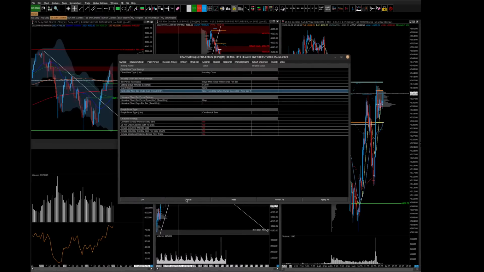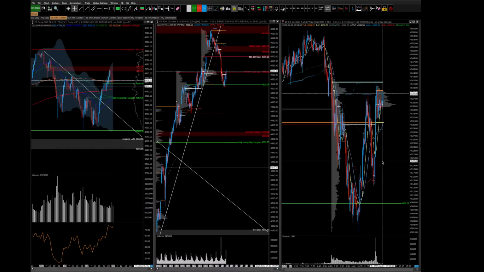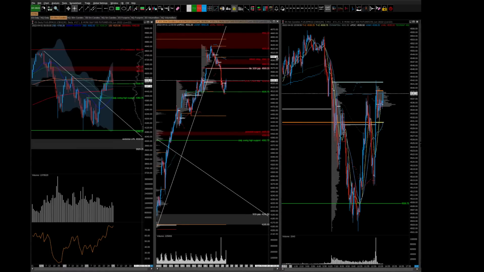So yeah, my reasons for why I think it makes sense. But anyway, you can kind of see here, when I added all the weekly stuff, that a lot of this correlates on low time frames, right?